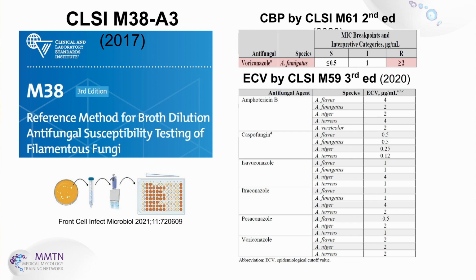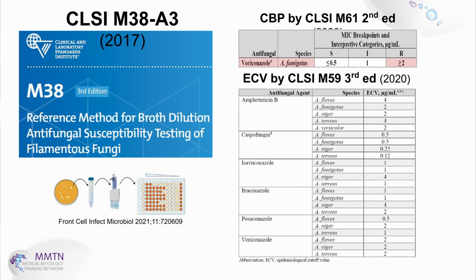The CLSI M38-A3 document is the latest reference method for broth microdilution antifungal susceptibility testing of filamentous fungi. It was published in 2017. CLSI also provides ECVs for major Aspergillus species, including flavus, fumigatus, niger, terreus, and versicolor.